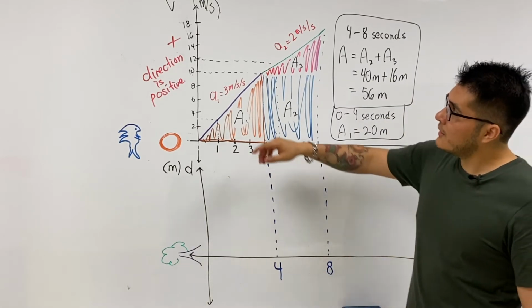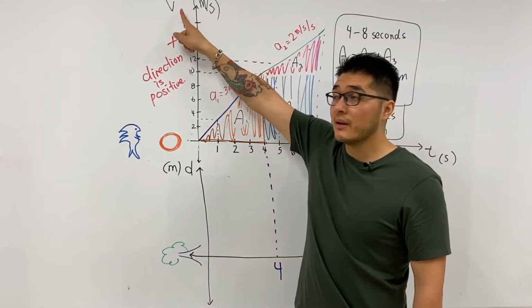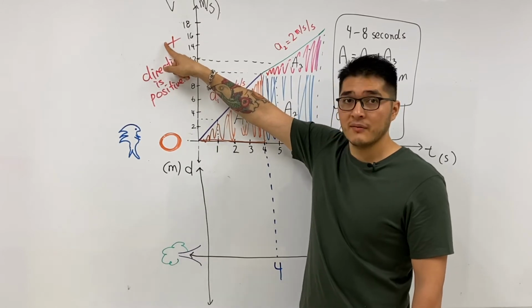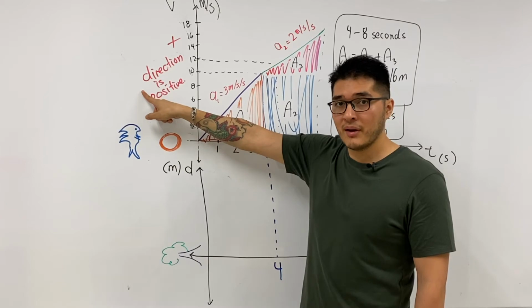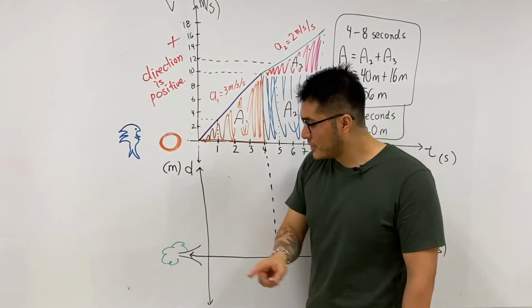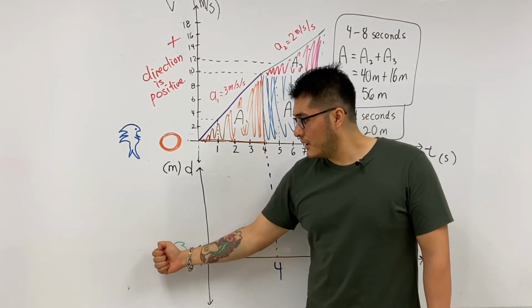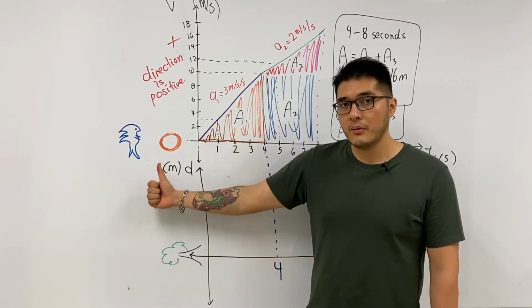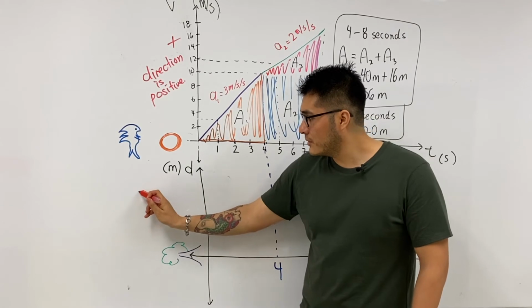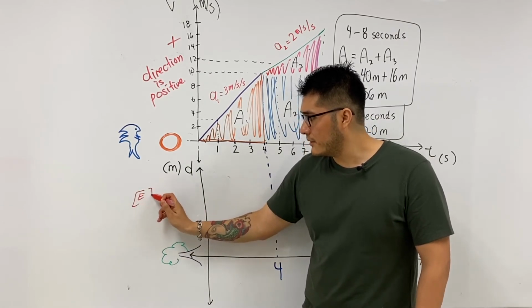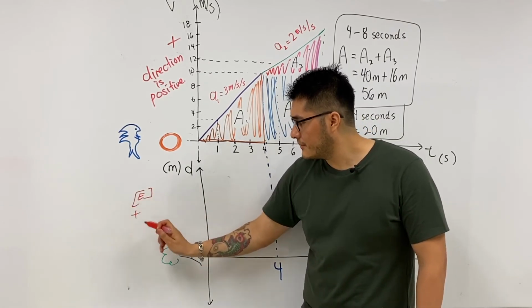And since we know that the velocity, and more specifically the sign of velocity, if it's a positive velocity, it tells you that the direction is moving in the positive direction. How do we represent it with a tree? It means it's moving to the right. Or another way of thinking about it is towards the east values, or the positive direction.